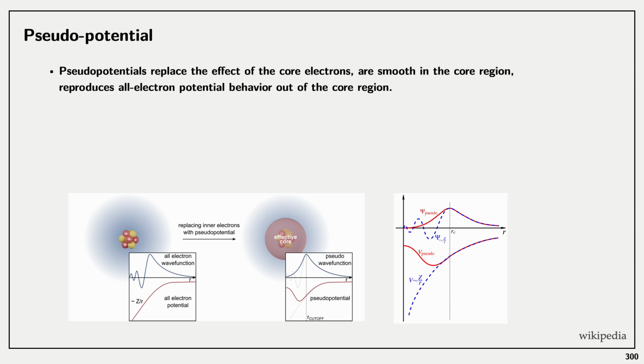We have a nucleus, and sometimes many electrons around the nucleus. Many of the electrons around an atom are not going to participate in the chemistry, and they're not going to participate in the bonding.